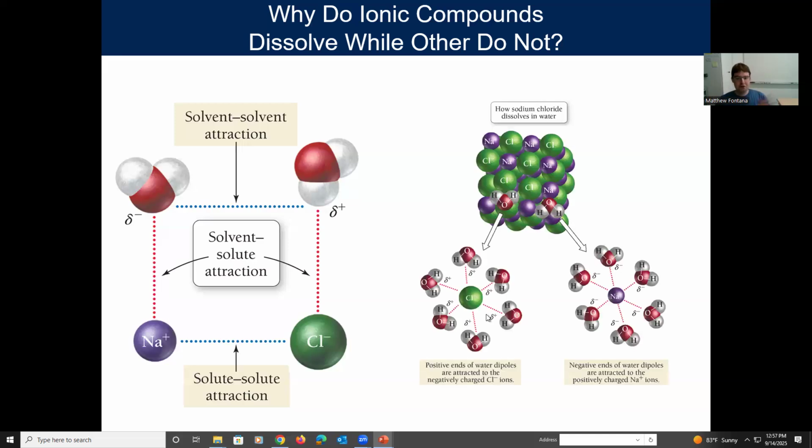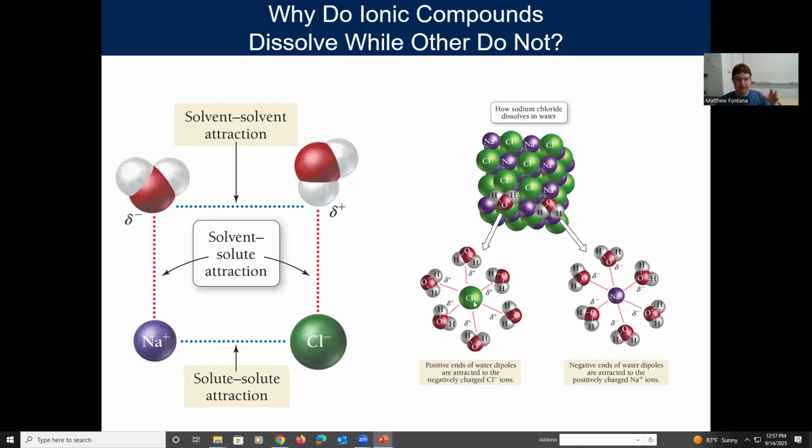So, just to show you our little picture here, what does it look like when you actually dissolve sodium chloride in water? Well, you have your sodium chloride crystal, your salt crystal, and it's going to dissociate into the chloride anion and the sodium cation. And the partial positives on the waters are going to orient themselves around the chloride anion. And then the partial negatives of the waters are going to orient themselves around the sodium cation.